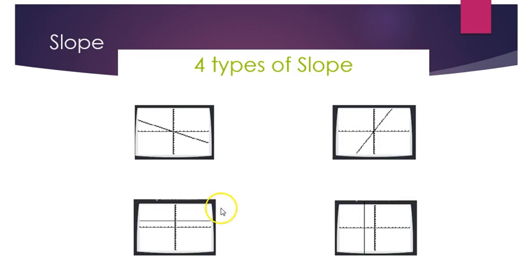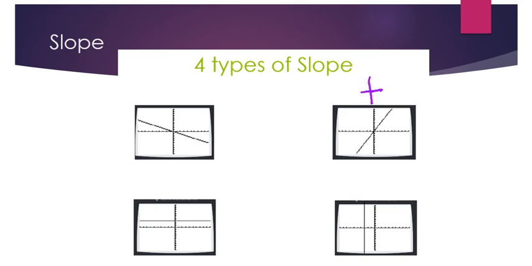There are 4 types of slopes. There is going to be a positive slope. Positive slope is when it looks like it's moving uphill. It has to go up and over to the right. So if you look at this one right here, this one's going to be positive.